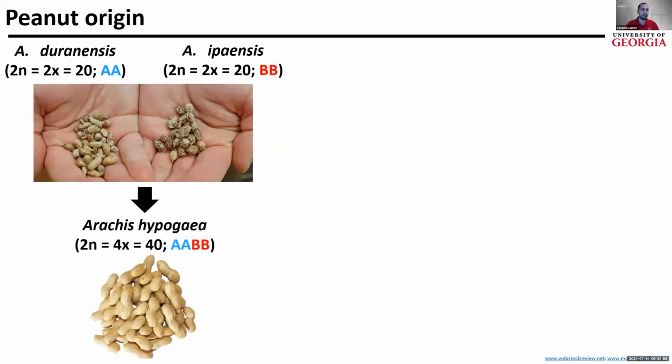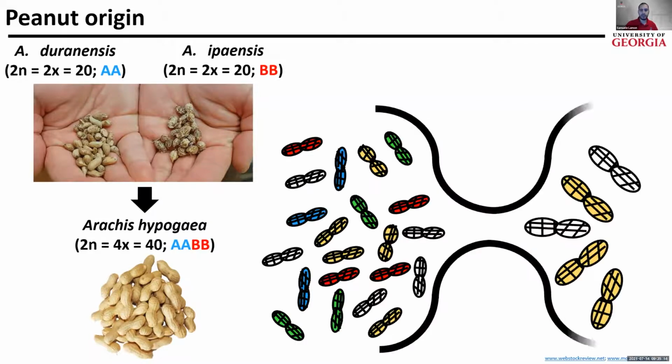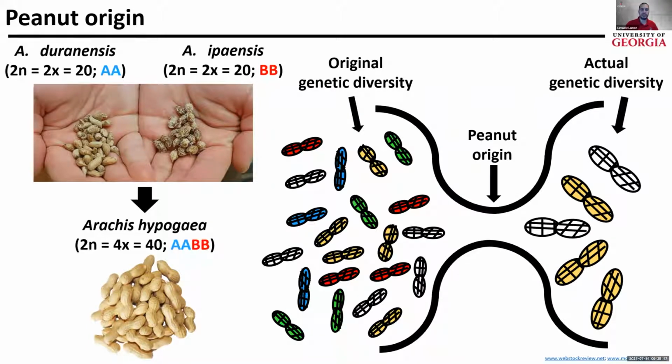Peanut is an allotetraploid species with an AABB genome composition, and it was derived from the crossing of two wild diploid Arachis species followed by genome duplication. And this polyploidization event created a genetic bottleneck.